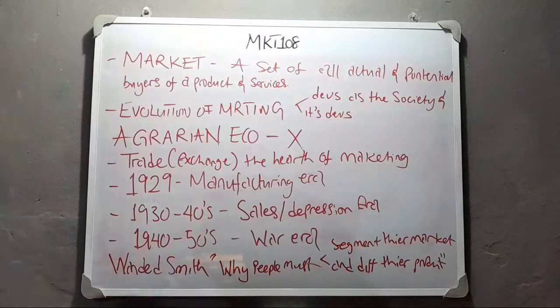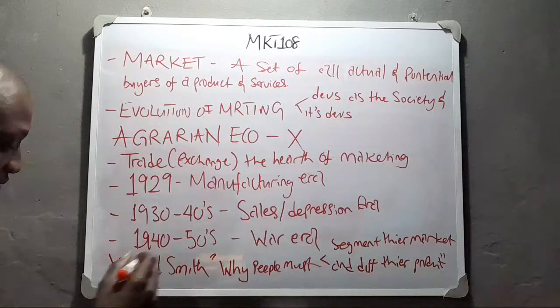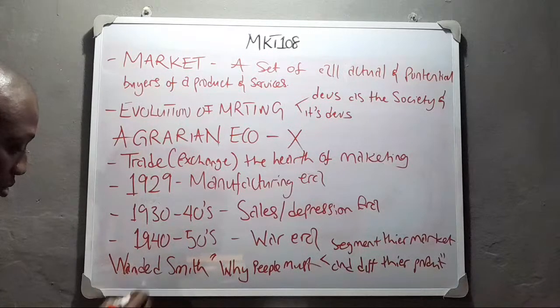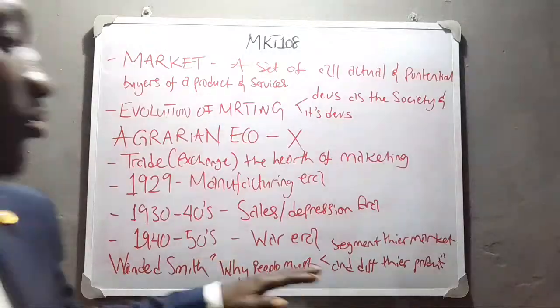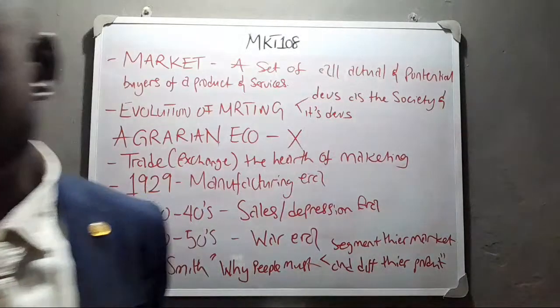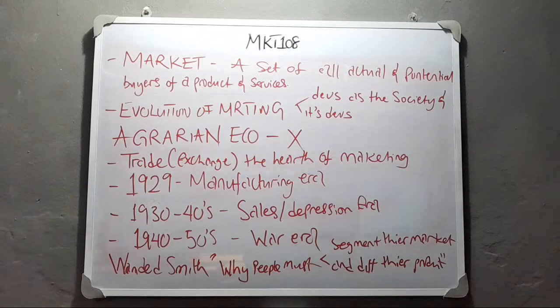So it was Wounded, that's WAN, Wounded Smith wrote in his article why people must segment their markets and differentiate their products.